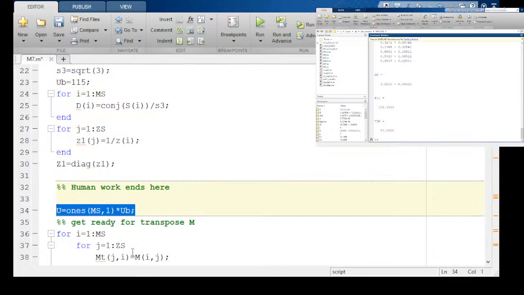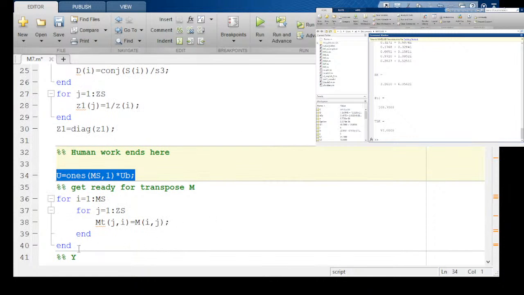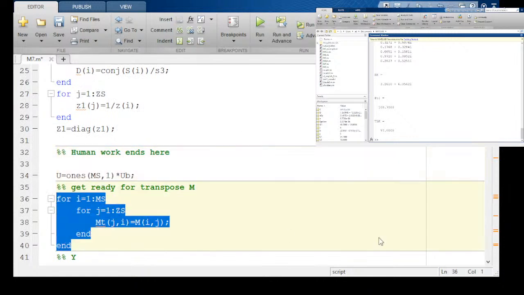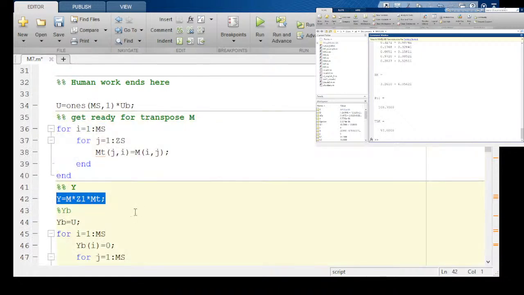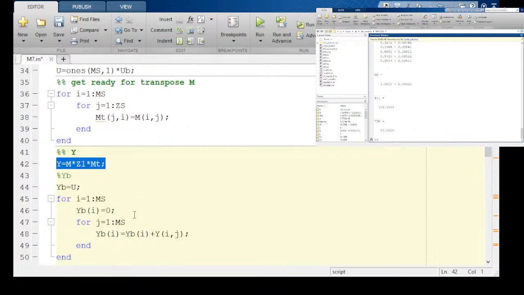This row creates a first approximation for voltage as a vector with base node voltages. In this part, I need a transposed first incidence matrix. Here, the nodal admittance matrix.